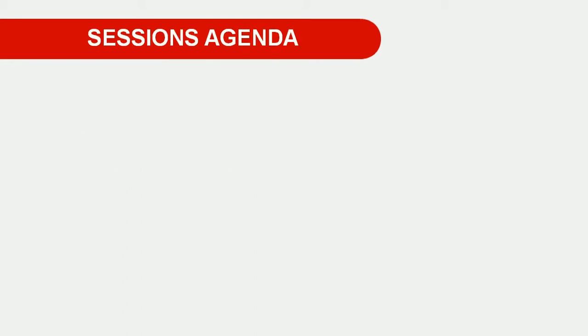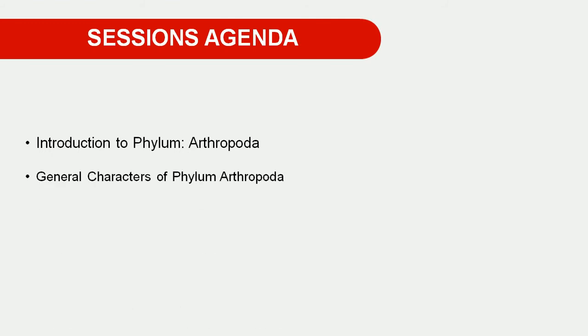In today's session, we discuss the very basic, introductory information of phylum Arthropoda. Then we also go through the general characters of arthropod animals. These two parts are covered in today's session.